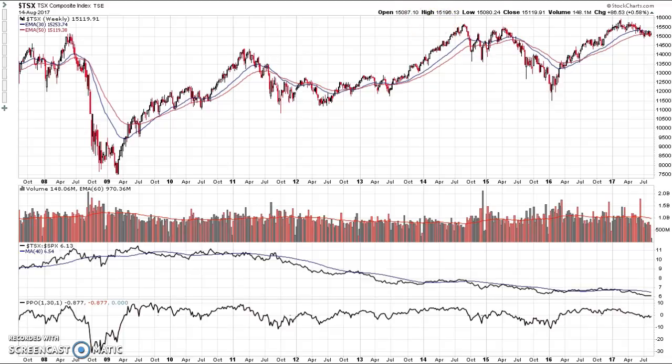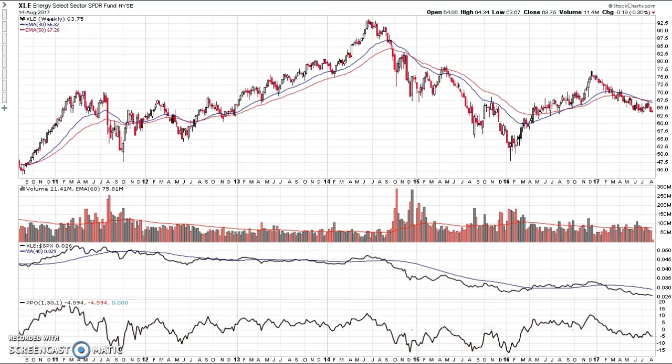One thing you could do to help trade the TSX would be to look at a sector like oil and gas and observe that whenever oil and gas is in a stage 4 decline, it's going to have a big impact on the TSX. So whenever oil and gas rolls over before the TSX, I would think you would want to pay careful attention, because that could have a big impact on that index.